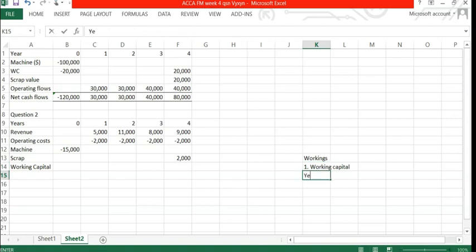You've got years: year 1, year 2, year 3, year 4. And we've got the values 5,000 for revenue, because we are told that this is going to be dependent on the revenues in that particular year. So 8,000. You can as well say revenue. And 9,000.